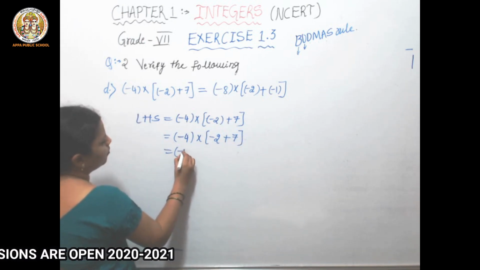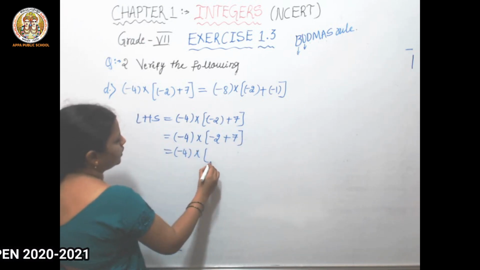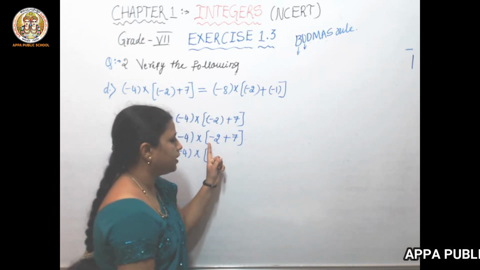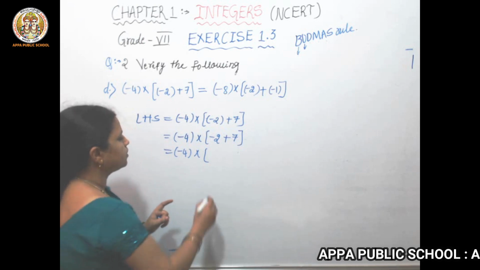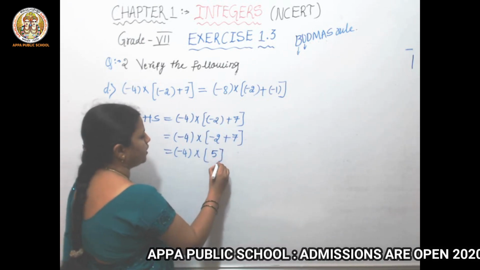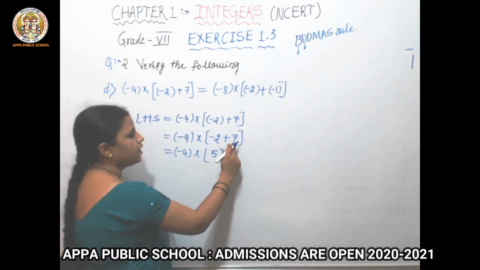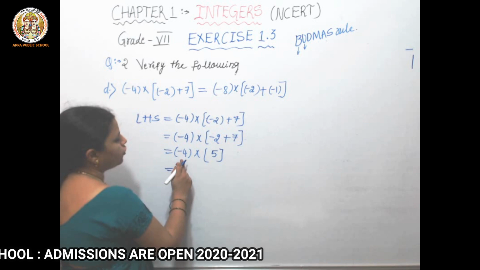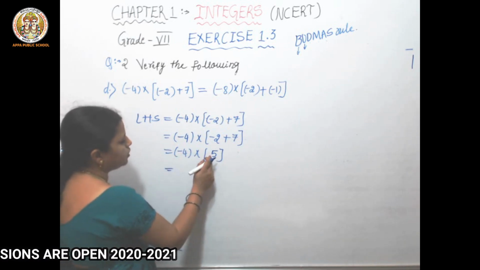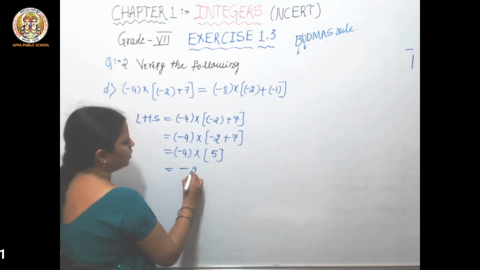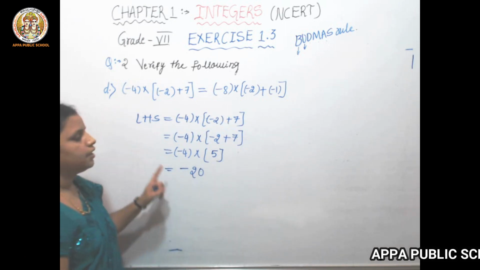One is positive and the other is negative, so we should do the subtraction. That is 7 minus 2 as 5. The highest number, that is 7, is with a positive. Now multiplication: 4 into 5, minus into plus as minus, 5 4s are 20. This is the LHS.